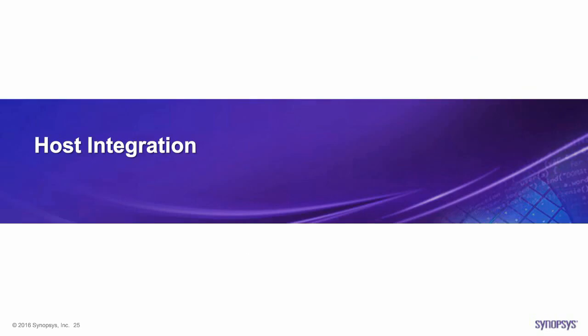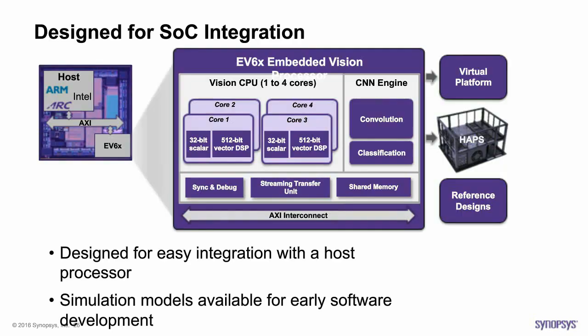So let me talk briefly about host integration. We expect that in 75 to 80% of the designs that are done with the vision processor, there will be a host processor on the SoC. In many of those applications, there will also be a GPU.